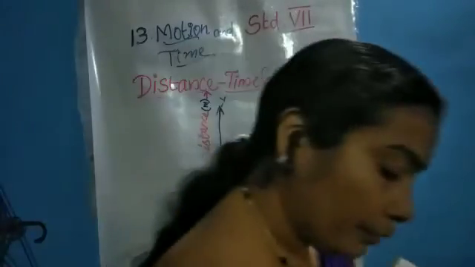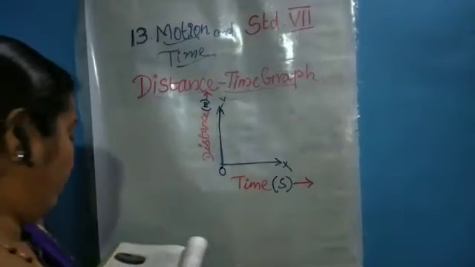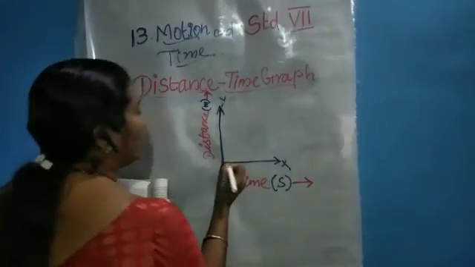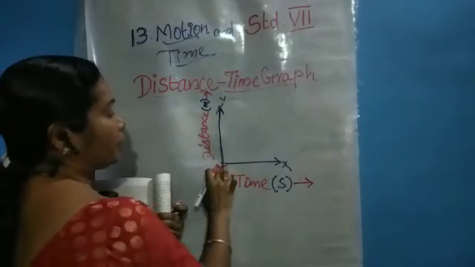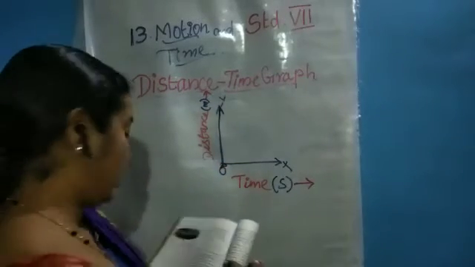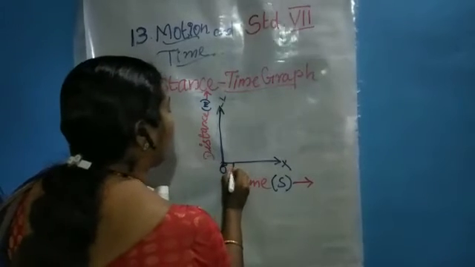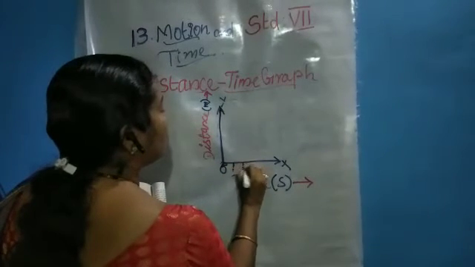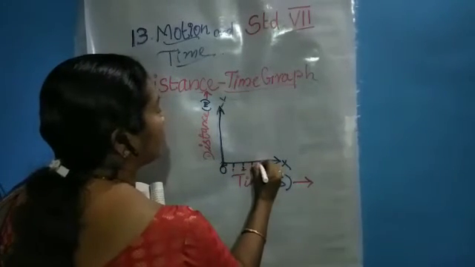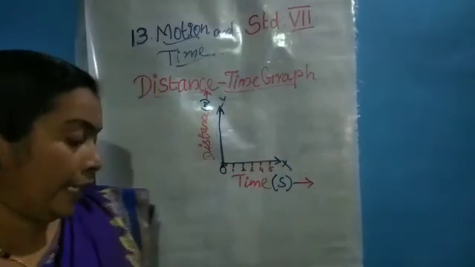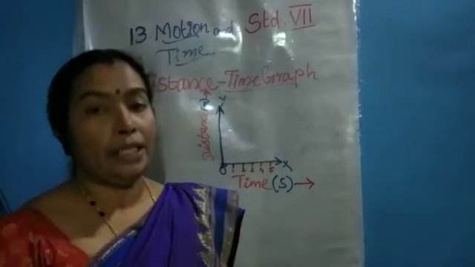Here we have the magnitudes of time starting from 0. Both distance and time start from 0 at the origin, and then it is 1, 2, 3, 4, 5, and here they give the time in minutes.